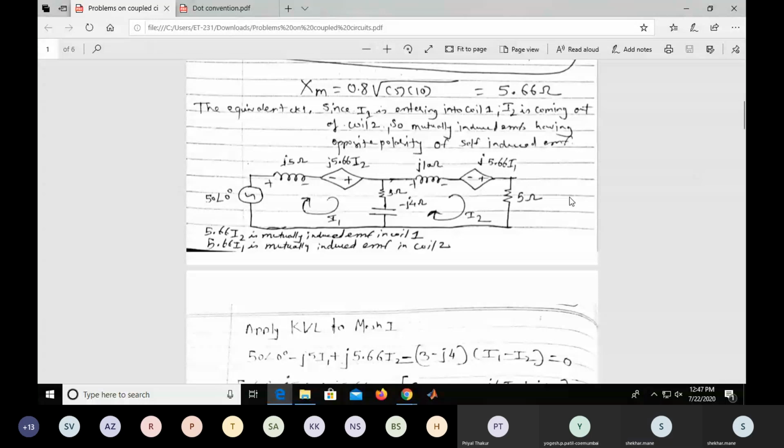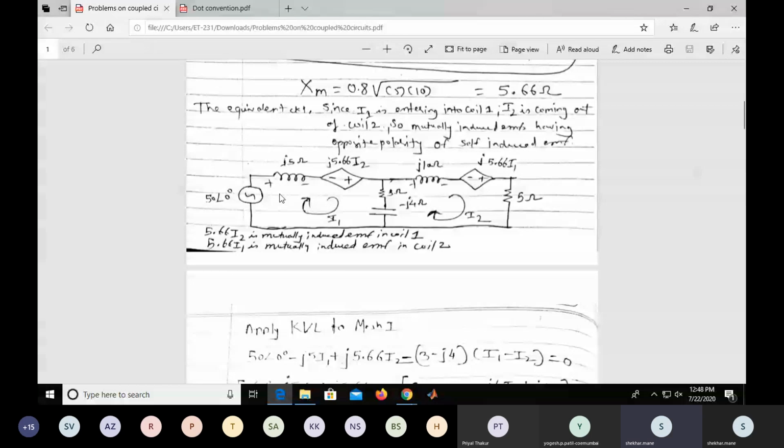This J5.66 I2 is the mutually induced EMF in coil 1, and it has the polarity opposite of the self-induced EMF. Across the J5 ohm, because of I1, the polarity is positive and negative. So the mutually induced EMF has the polarity opposite of the self-induced EMF.